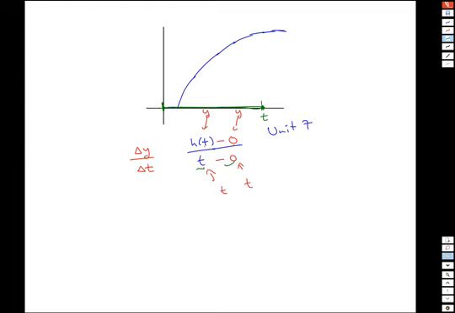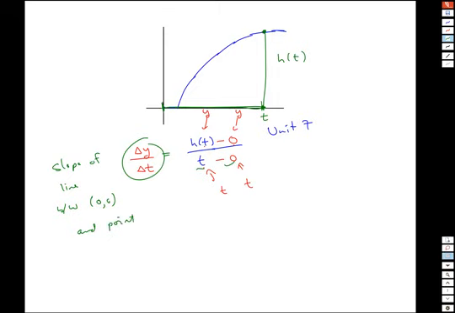On the vertical side, I go from 0 up to here. That's h of t. That's what it means to be a function value. It means to start counting from 0 and going up to your graph. And then this is the slope of a line between the point 0, 0 and a point on the graph. Because the points on the graph have exactly the structure, hey, what's my t? That's my independent variable value. And then what's the corresponding y value on the graph itself?